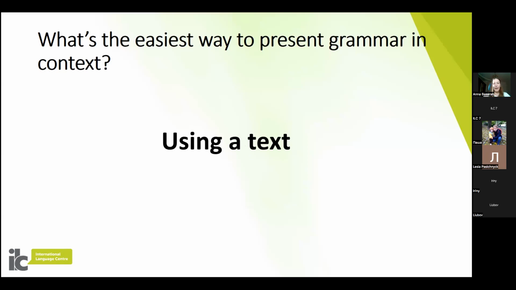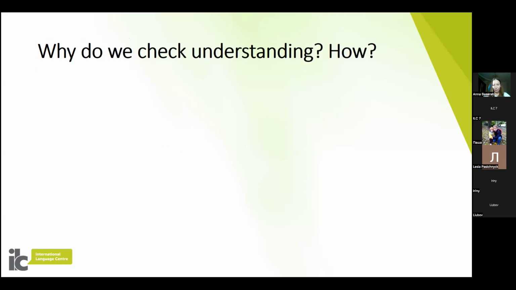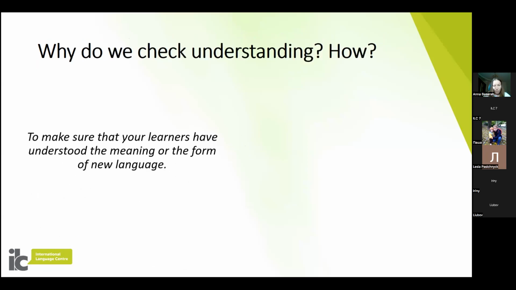And all those sentences came in the text. So they were connected to a particular context, which later we can use to ask our CCQs. So we can ask our question. Are there any other ways how we can do that?